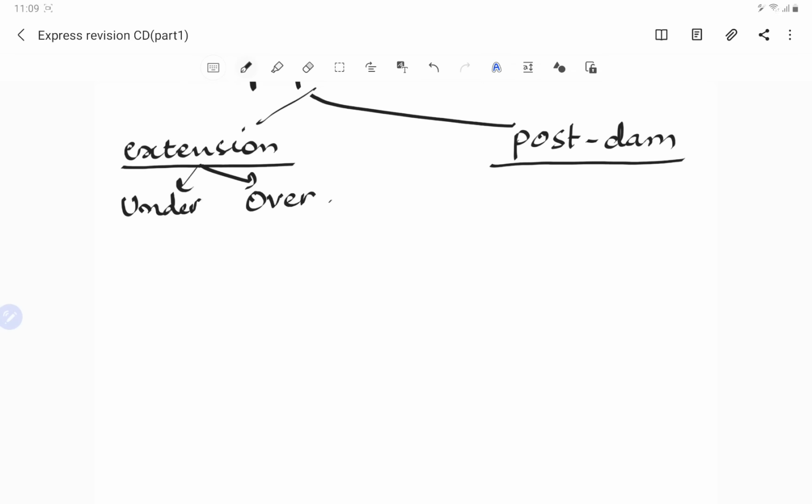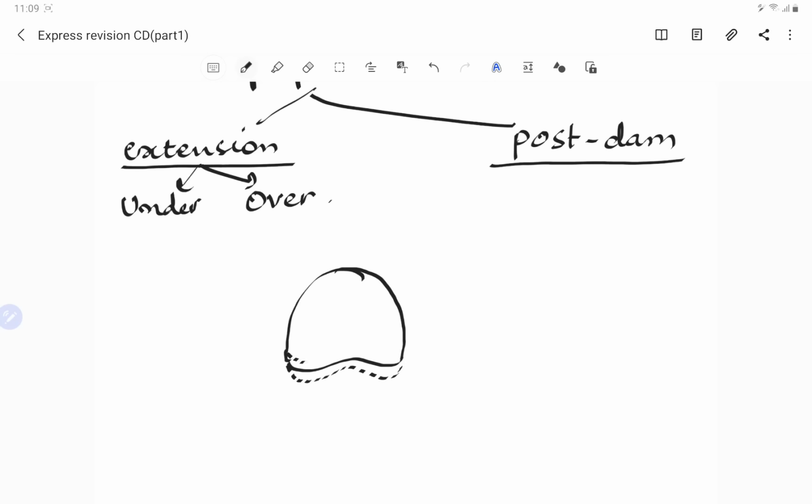Suppose this is the denture of the patient. Overextended means I have extended beyond the PPS.